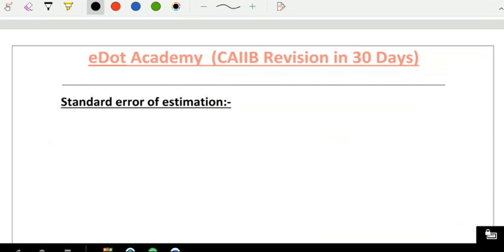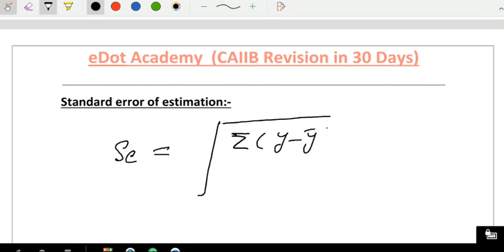Likewise, here is one more formula. What is the standard error of estimation? Whatever value we are predicting based on our linear equation, we are predicting the value of y, but it may have some error. That error is called standard error. The formula is given by, I'll just write it: SE equal to the big square root of sigma y minus y bar whole square divided by n minus 2.